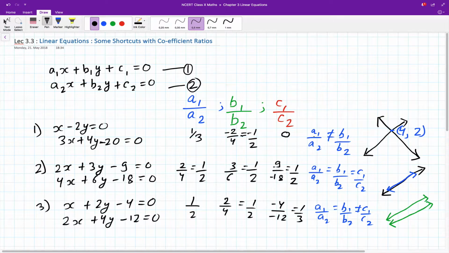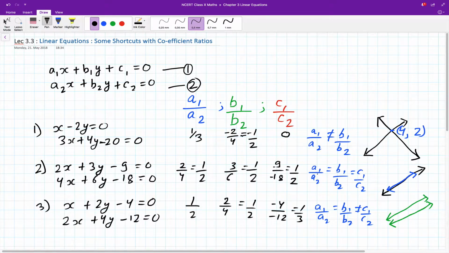So what we see from these three examples is that there is a relation between how these ratios are in the pair of linear equations and what the corresponding solutions are. In the first case, where a1 by a2 is not equal to b1 by b2, we have intersecting lines and one consistent solution.